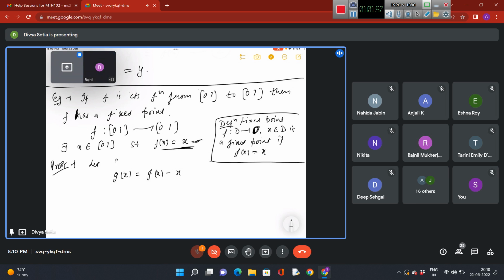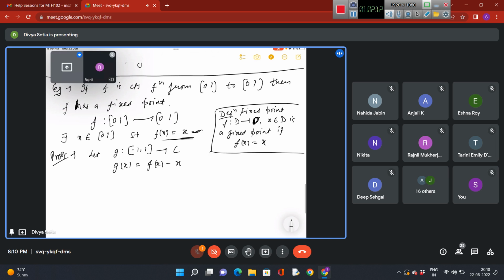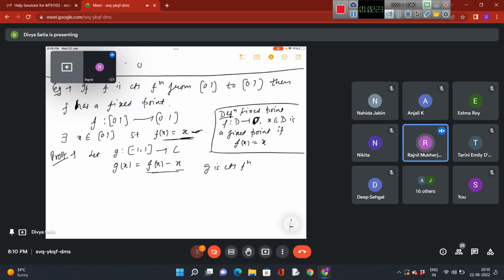Yes, at least the domain will be minus 1 to 1, right? Closed and bounded, right? So if it is closed and bounded, and by algebra of functions, it's a continuous function. And now, Rajneel, what are you doing? Yeah, we can say that there is some x for which g of x is equal to 0 by IVT.